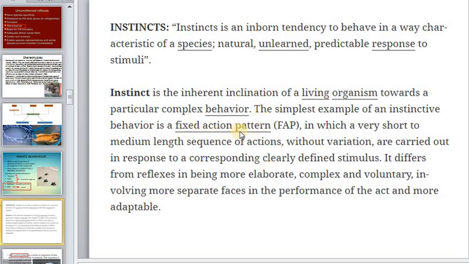Here we see the fixed action pattern: a predictable series of actions triggered by a cue, sometimes called a cue stimulus, and it is more complex than the reflex. It's still automatic and involuntary, but once started, it will continue to completion even if the key stimulus is removed in the meantime. It can't be stopped.